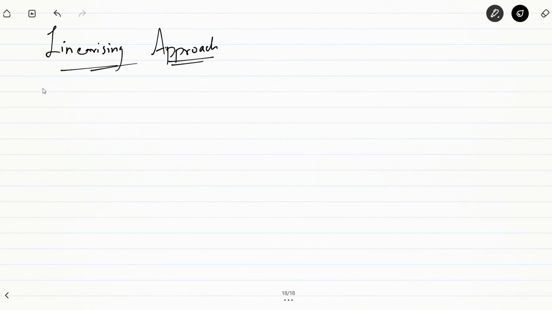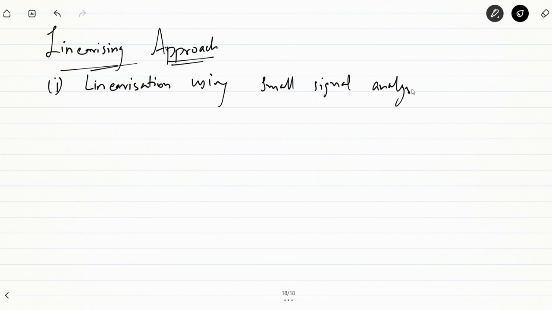One will be linearization using small signal analysis. Second one will be the piecewise linearization method.